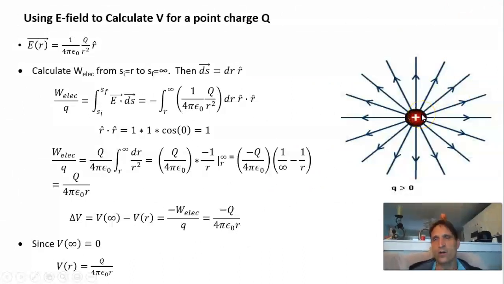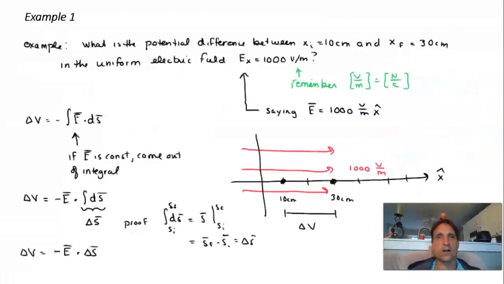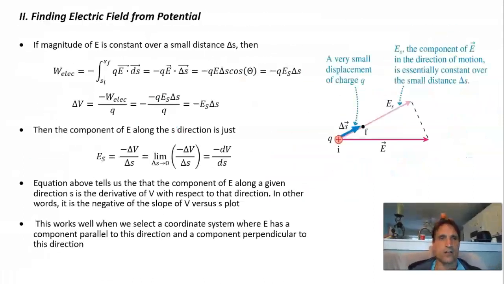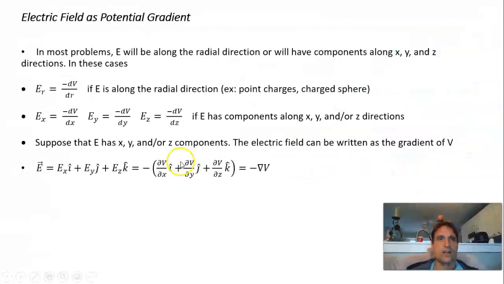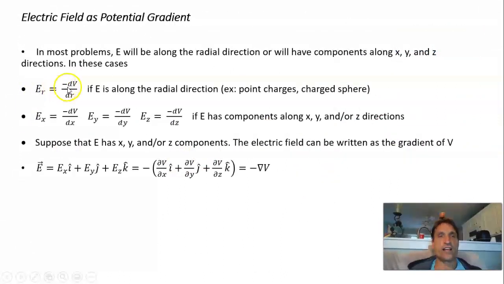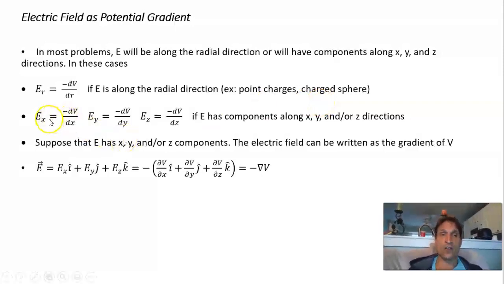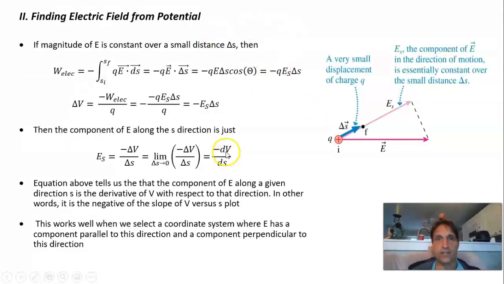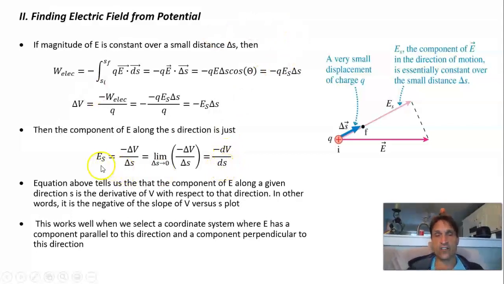Then we know that the electric field only has an R component, and so we can write ER is equal to negative dV/dR for an electric field along the radial direction. And so this is point charges in a charged sphere. Okay, often you'll have in rectangular coordinates, E could have an X component, which would be negative dV/dx is EX.